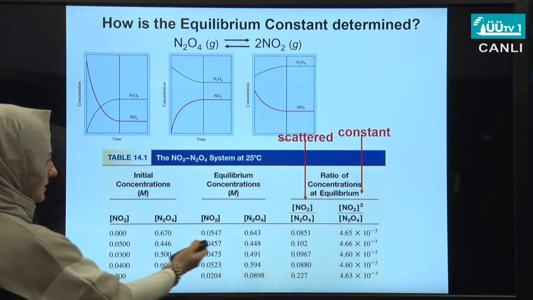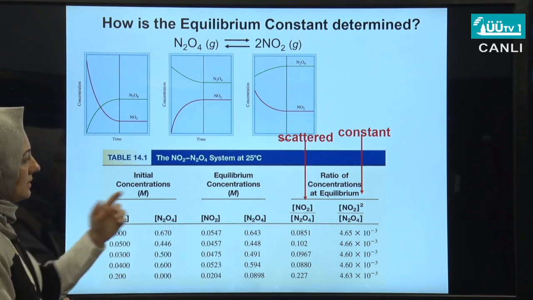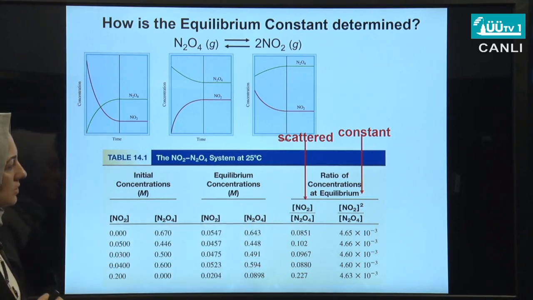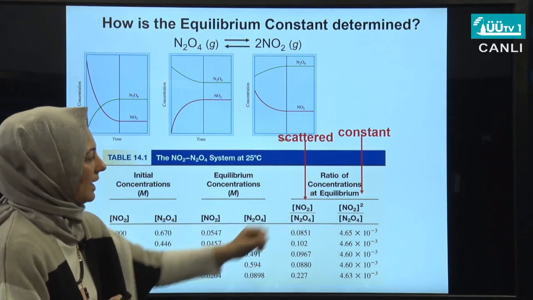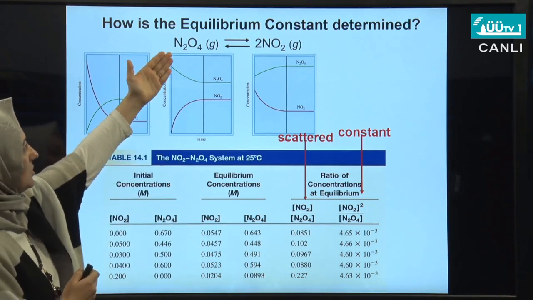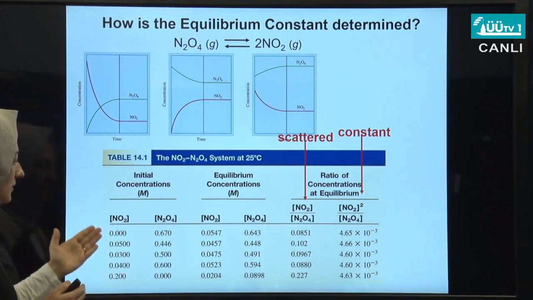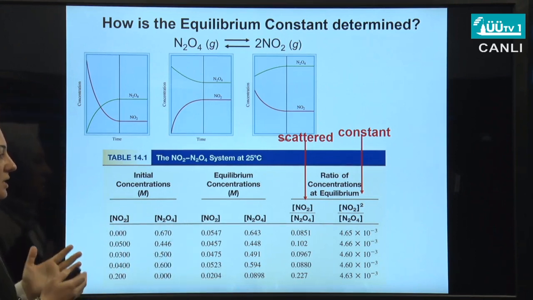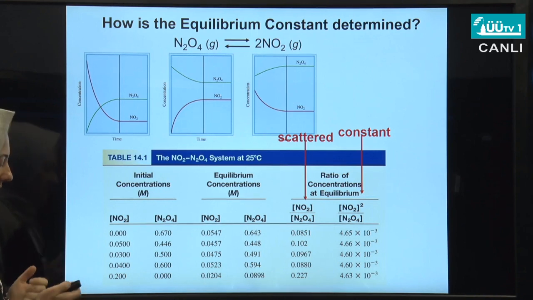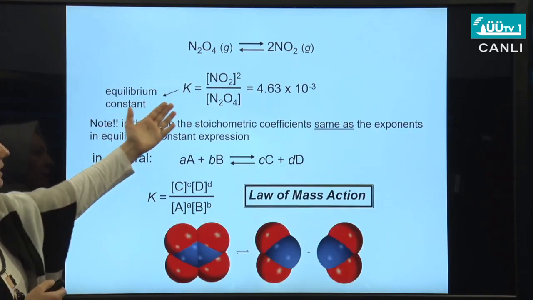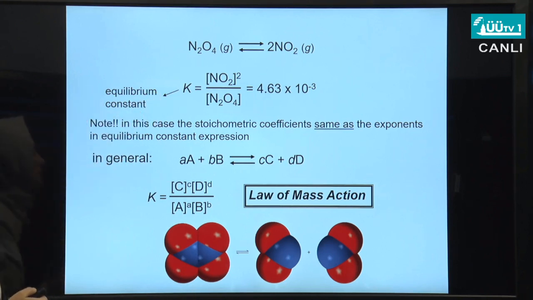Investigating the data, we observed that this ratio, the nitrogen dioxide concentration squared divided by the nitrogen tetroxide concentration, is essentially constant across different experimental data. So we can conclude that this is an important value, and it is called the equilibrium constant. Whatever your starting concentrations are, the value of the equilibrium constant is essentially the same.